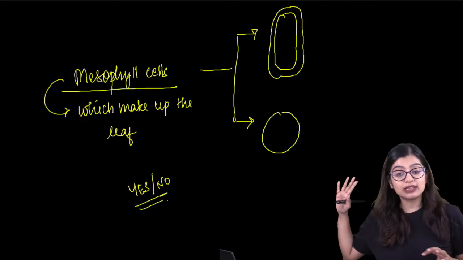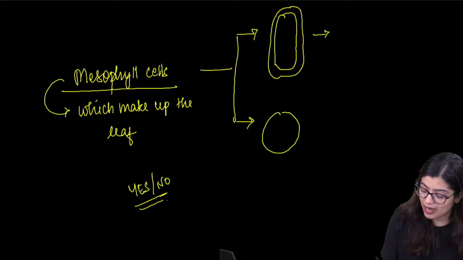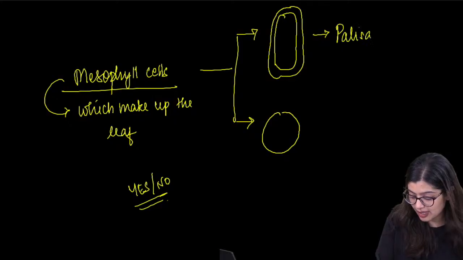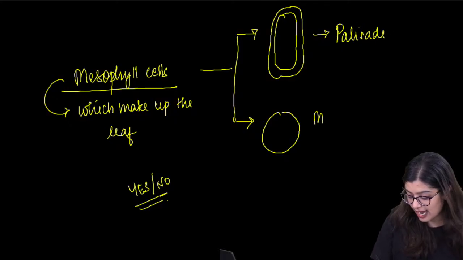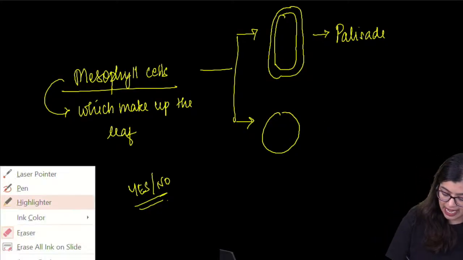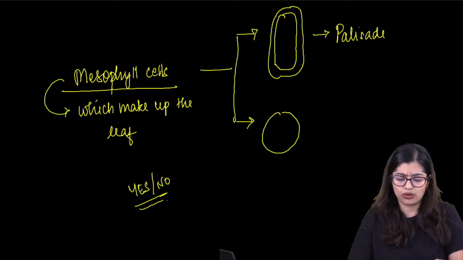Very good. So in this particular case, we see that there are two kinds of mesophyll cells, where we have our palisade mesophyll cells and we have our spongy mesophyll cells, right? So we have palisade. Very good. Cylinder and round. Okay, fine.